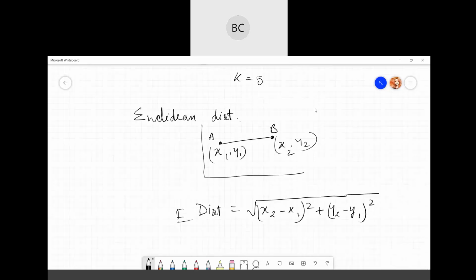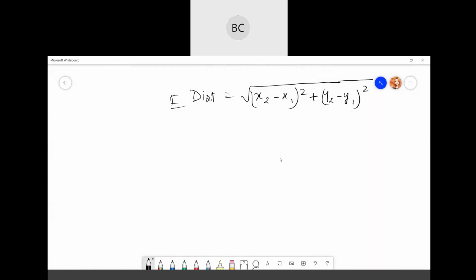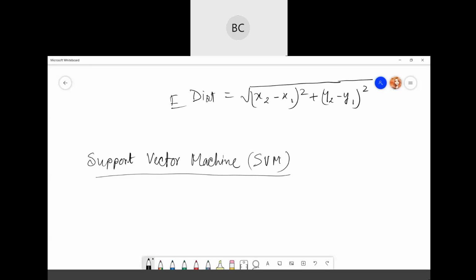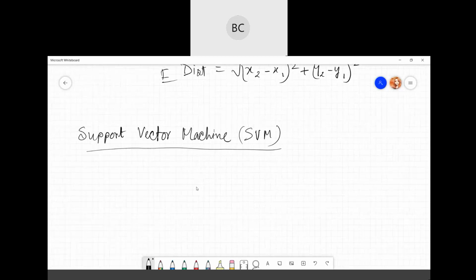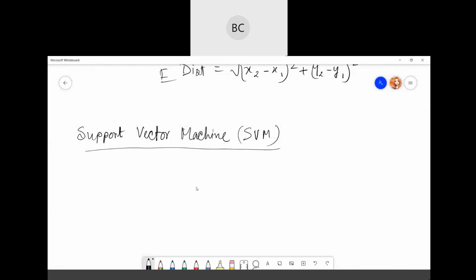Okay, so next let's see support vector machine. Anyone? Just the concept, theory?